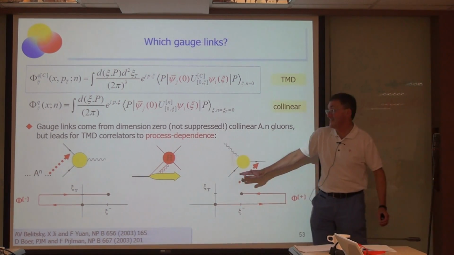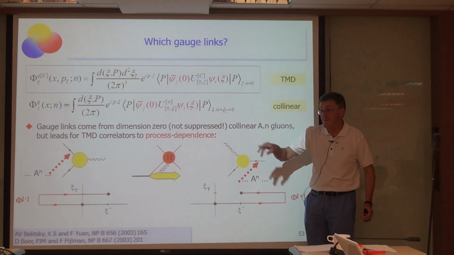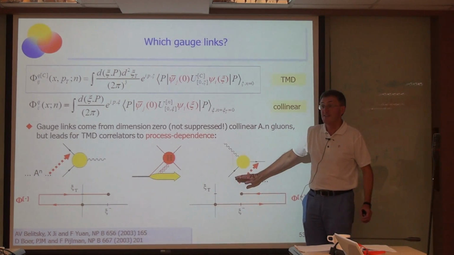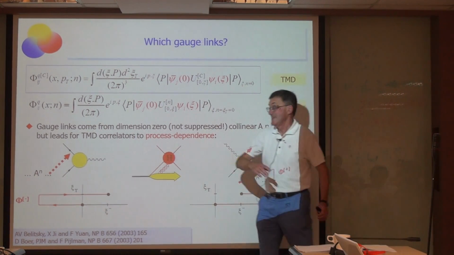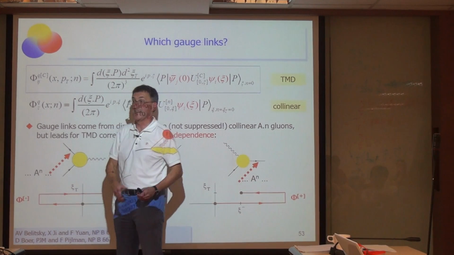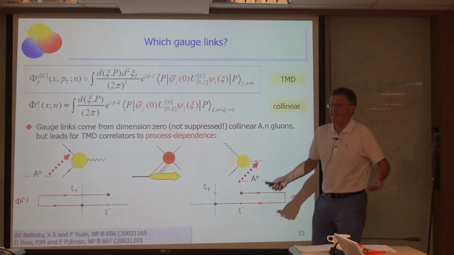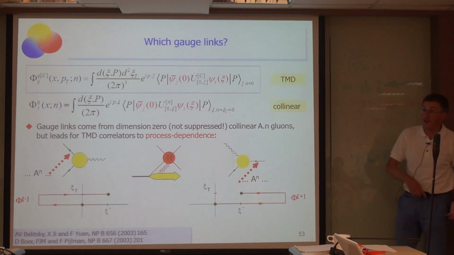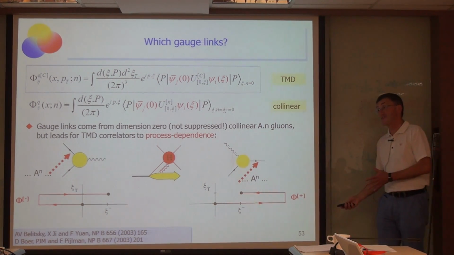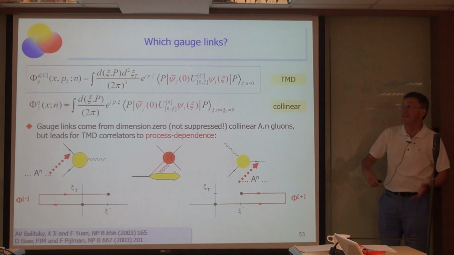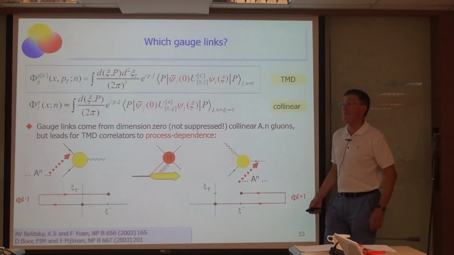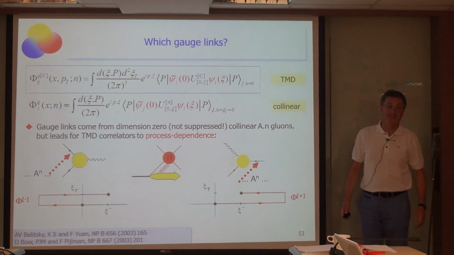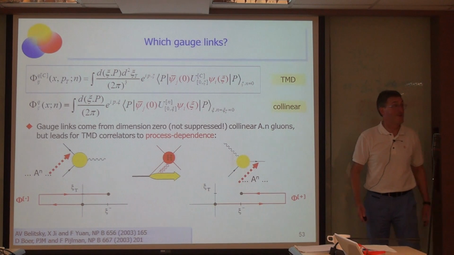And this tells me that in the hadronic calculation of SIDIS, I need phi plus, and in the hadronic calculation of Drell-Yan, I need phi minus. Which tells me that if I put in the parameterization, if you forgot about the plus minus, you will get an unexpected minus sign in the asymmetries, and if you take it into account, you explain this switch of sign, which still has to be firmly established.